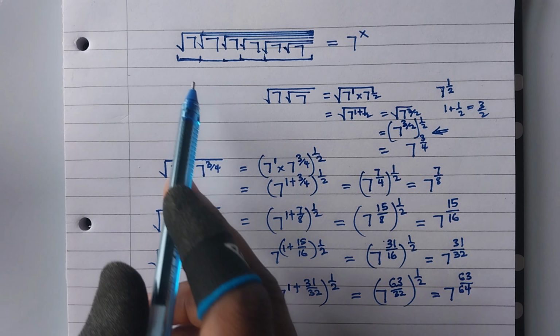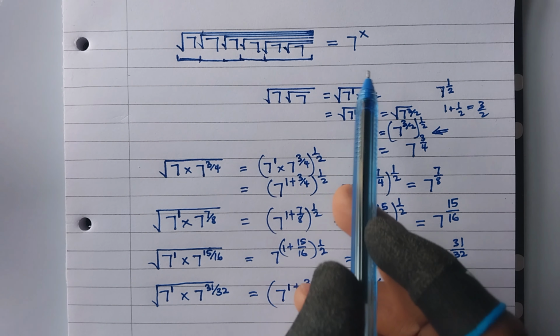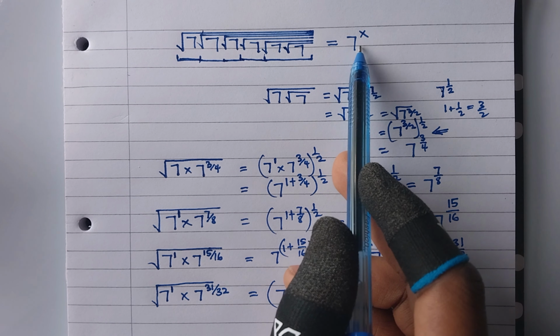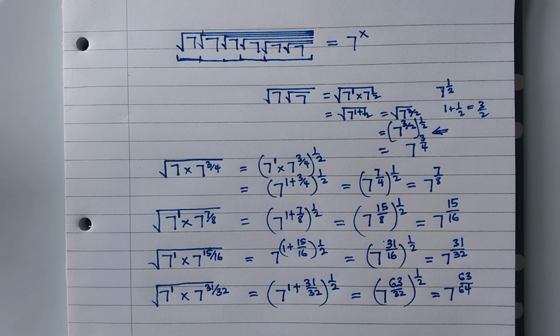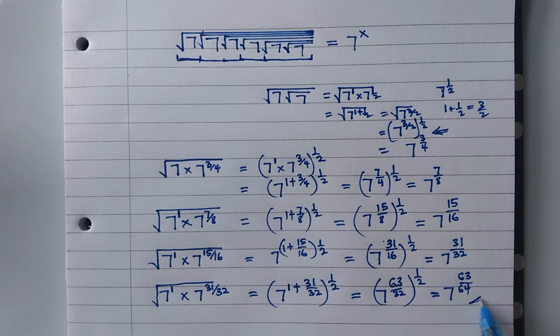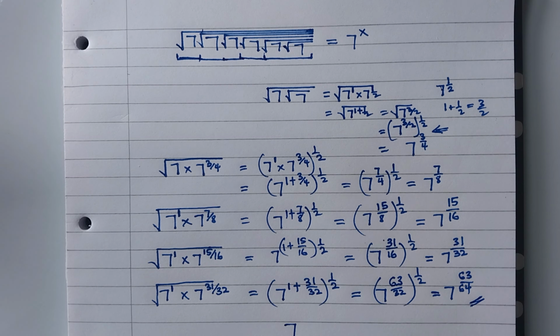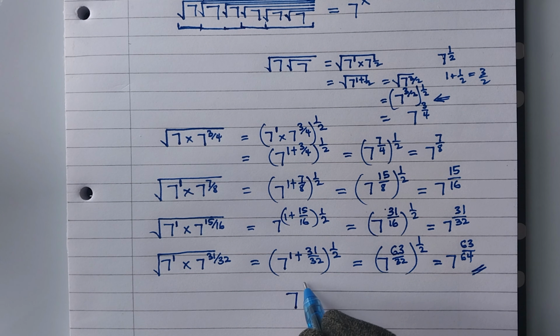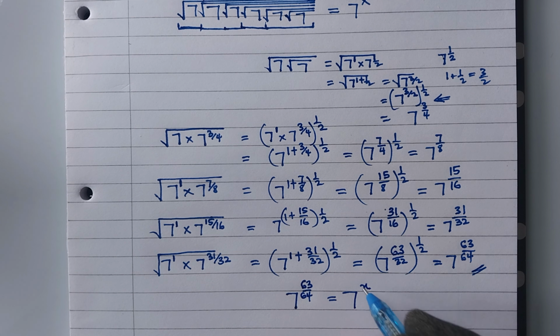So we are done with all of the radicals on the left hand side, but we are then supposed to equate it to 7 raised to power x. So if we equate it to 7 raised to power x, we have 7 raised to power 63 over 64 is equal to 7 raised to power x.